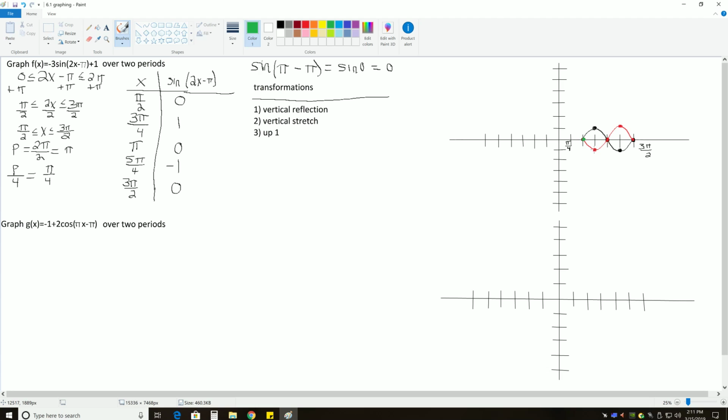But this valley is now going to go from -1 down to -3. -1 times 3 will give us -3. So this point is now here. This point on the x-axis will again stay where it is. This hill will go from +1 to +3 when we multiply it by 3, which gives us a new point up here from where we started.